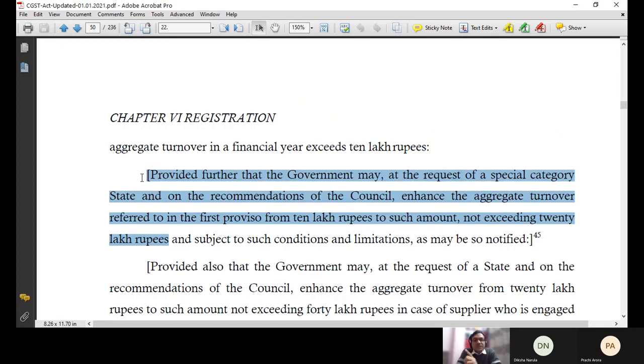The request will come to the GST Council, and if the GST Council recommends, the government will notify that in Tripura, registration will be required only if the aggregate turnover in a financial year exceeds 15 lakh rupees. This is what this exception is: if the state requests and the Council recommends, they can increase the registration limit from 10 lakh to such an amount, but such an amount cannot be higher than what? 20 lakh rupees.